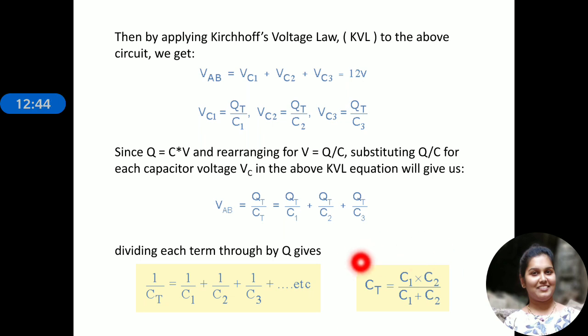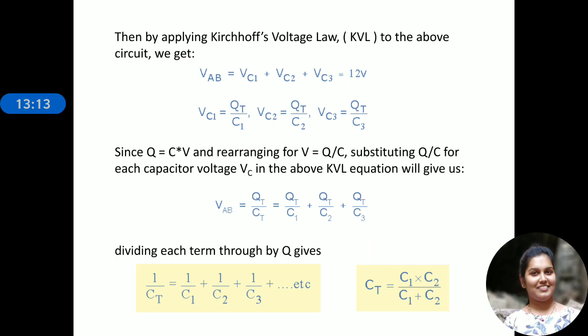The total capacitance expression can be simply remembered like this: Ct is equal to C1 into C2 divided by C1 plus C2. This is just the simple product over sum expression, right? So C1 C2 by C1 plus C2 is the total expression when only two capacitors are connected. Okay, so this is how we calculate the value of total or equivalent capacitance of series connected capacitors, right?